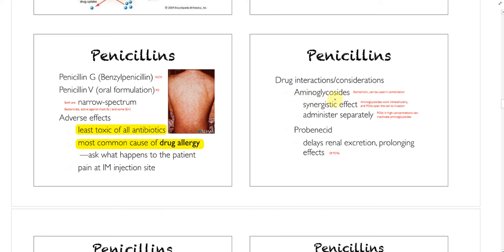We have some drug interactions to be considerate of. Aminoglycosides, another form of antibiotic, gentamicin being the main one here, can be used in combination so that the penicillins break the wall of the bacteria, and then gentamicin, the aminoglycoside, can get into the cell and affect the bacteria from inside of it. While they have this great synergistic effect, we have to administer them separately, because penicillins in high concentrations can inactivate aminoglycosides.